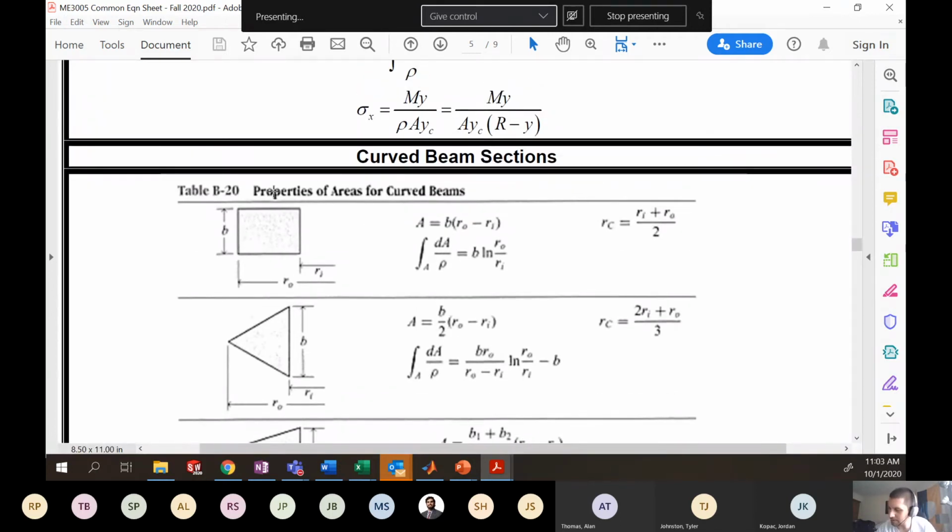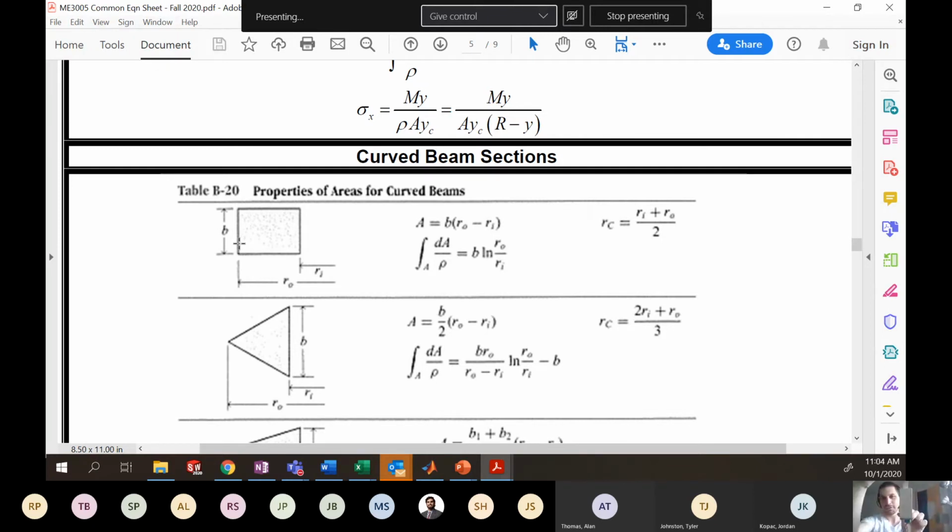So for instance, if you have a rectangular cross-section and your center of curvature is along this line, you would define the distance from the center of curvature to the inner portion of the cross-section as Ri, the distance from center of curvature to the outer portion as Ro, and then the width of that particular cross-section is B. That is very similar to what we have for this bar in our combined loading lab.